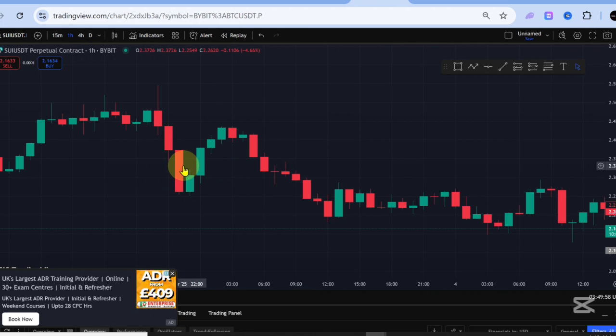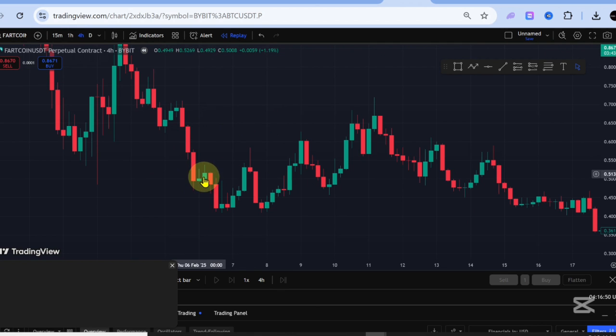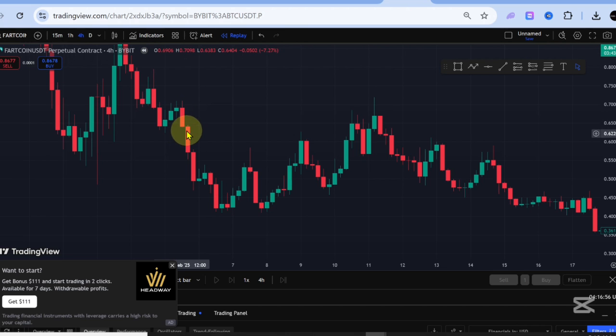Guys, let's look for a valid bearish order block. And guys, on the chart, we find an order block on this particular place. As you can see, 1, 2, 3, 3 candles, a buy candle, a sell candle, another sell candle.